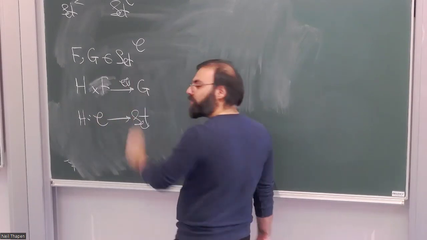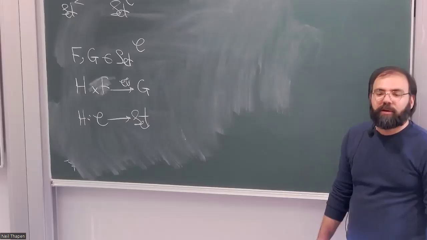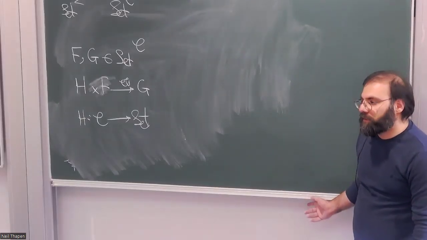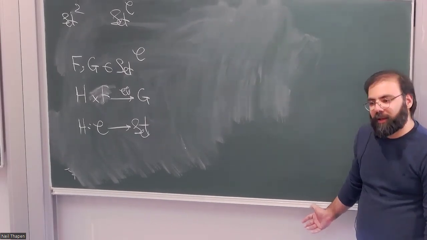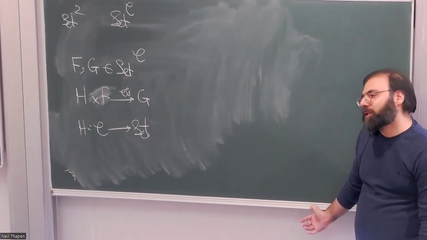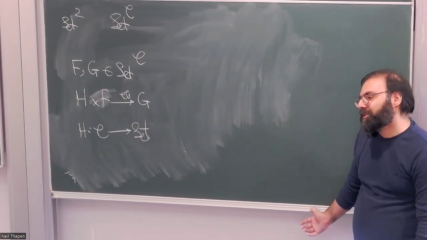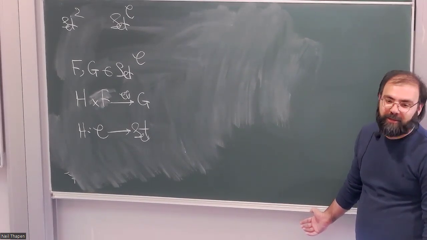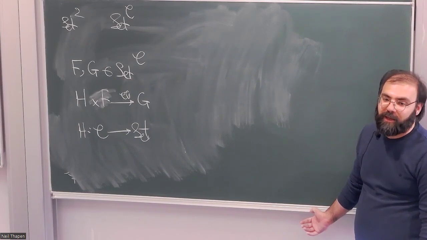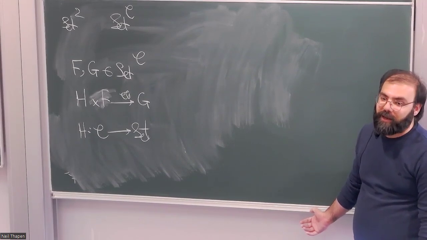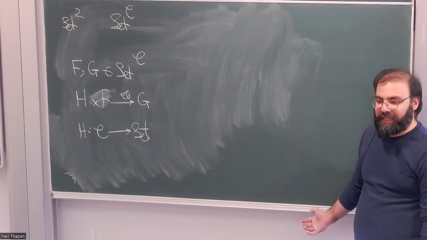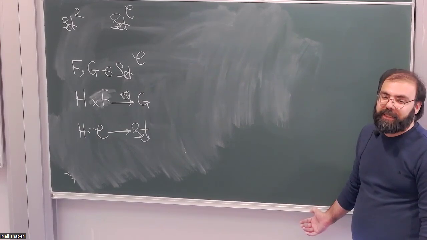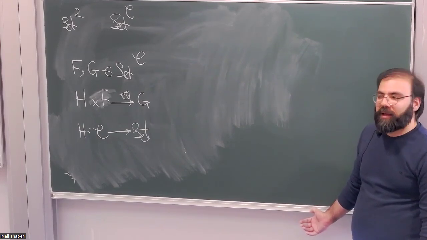Any idea from someone who is not really familiar with it? Come on. Something like pointwise, or just taking some parts of the category and taking the natural transformations.